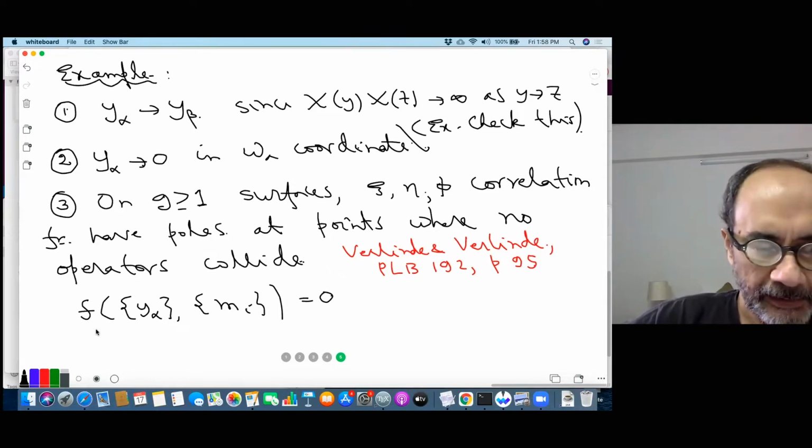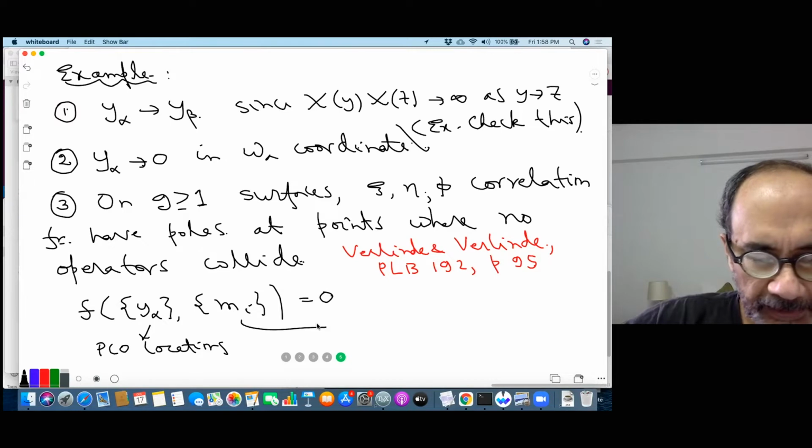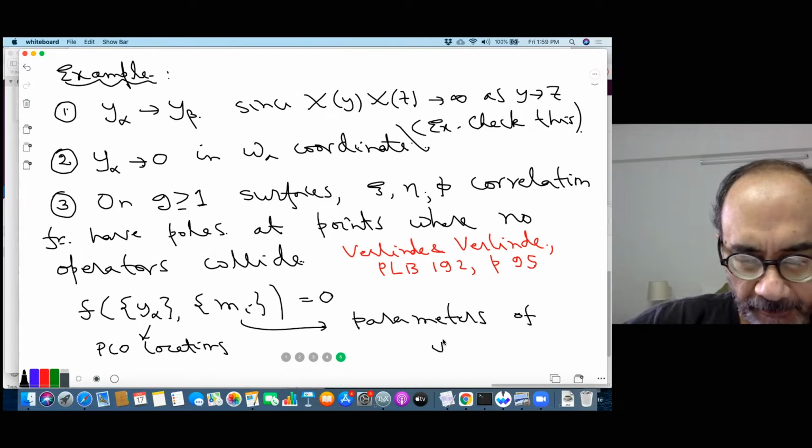So it's not a very unusual function, but nevertheless, the fact that there are poles when this is satisfied is somewhat unusual. It doesn't happen for usually regular CFTs. Here, these are as usual PCO locations, and these are the parameters of the moduli space of PGMN, which means that it contains the parameters of the Riemann surface as well as the locations of the punctures.